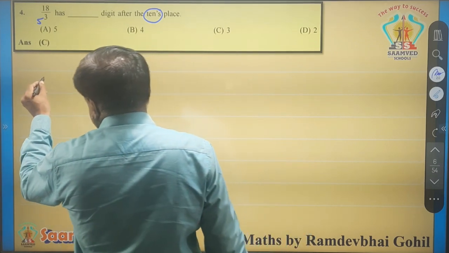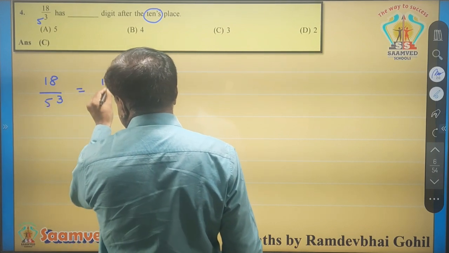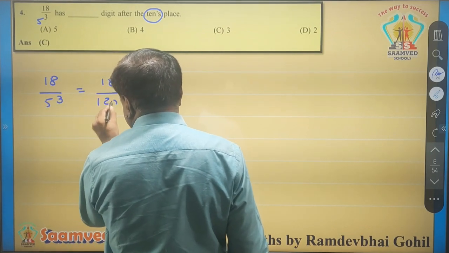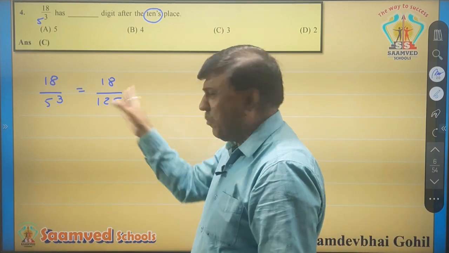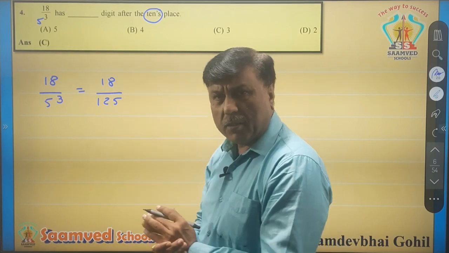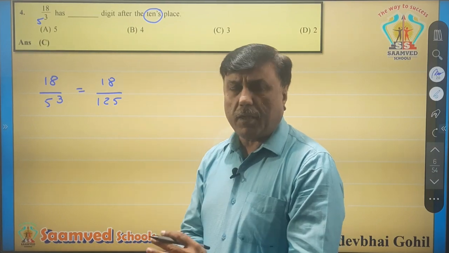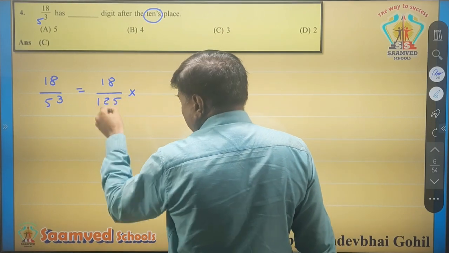So 18 upon 5 raised to 3 will be 18 upon 125. Now, we cannot divide these numbers easily. If we use a calculator, then it is possible, but we can't use a calculator. So what should be done?